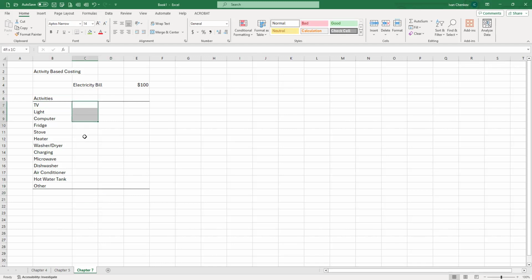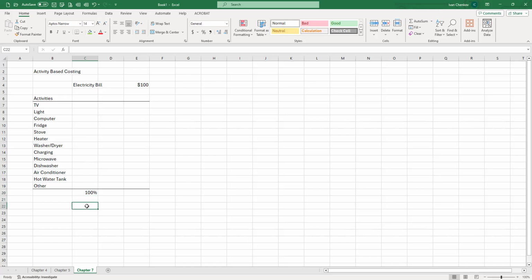When we combine all those activities, it's going to give us 100% usage, correct? Yeah. Make sense? If we combine all those activities for the 2 months, it has to give us 100%.